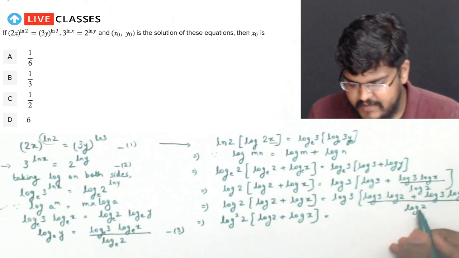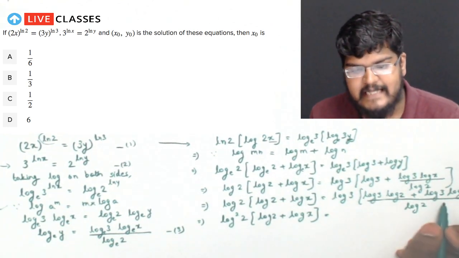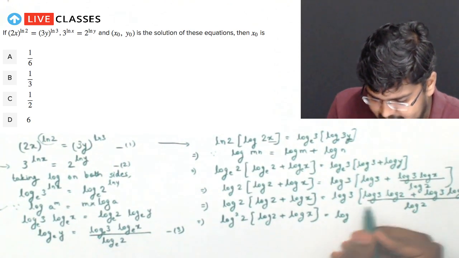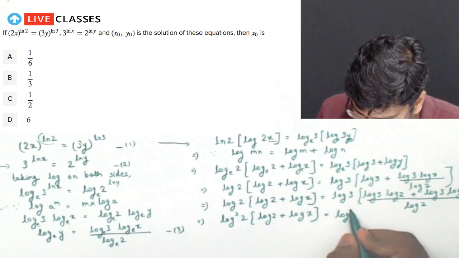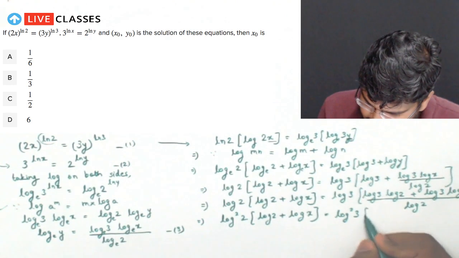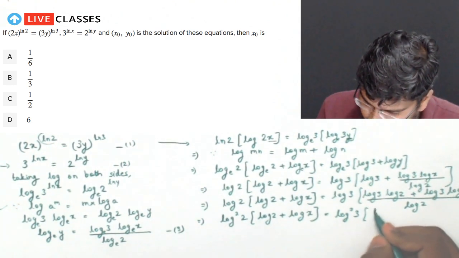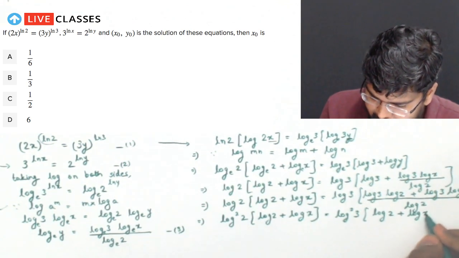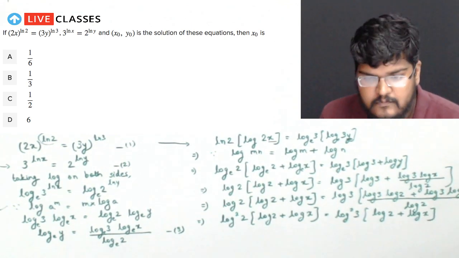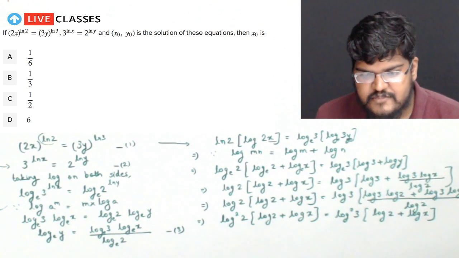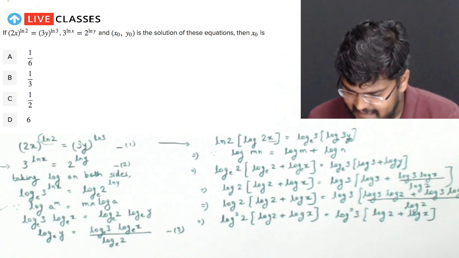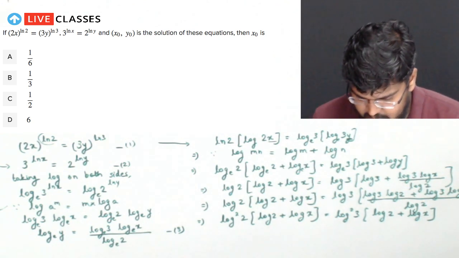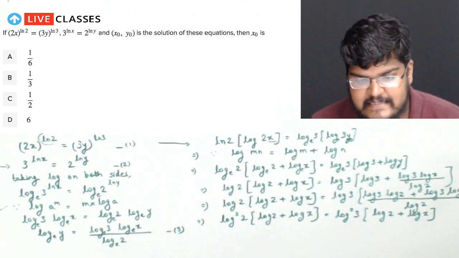equal to, now you can see that log 3 is common in the entire bracket, which is why you're going to take it common. This is going to give you log square 3, and in the bracket you will have log 2 plus log x. Now we have reached a part of the equation where we have a lot of values that are common in both LHS and RHS.